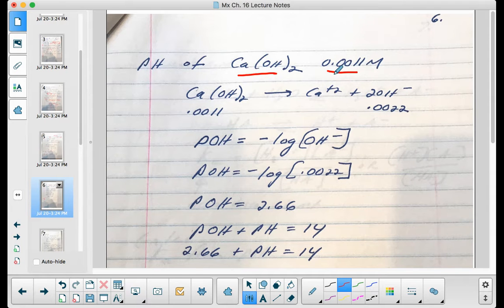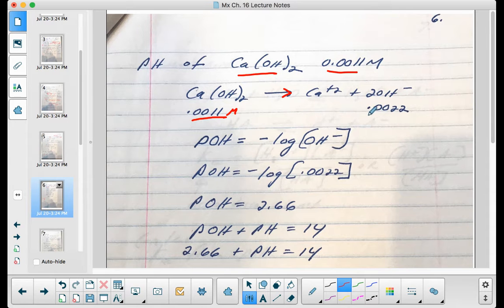Well, first of all, I have to look at what the base is. And so if it's a 0.0011 molar concentration of the Ca(OH)2, then this is how that base ionizes. And it's a strong base. We haven't talked about any of the weak ones yet. Single arrow indicates it's a strong base, just like the acids.